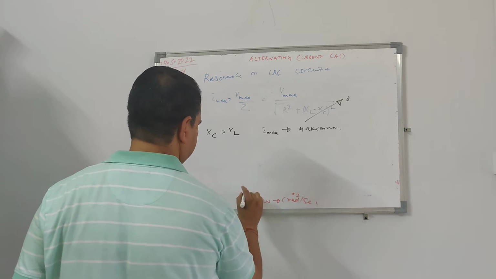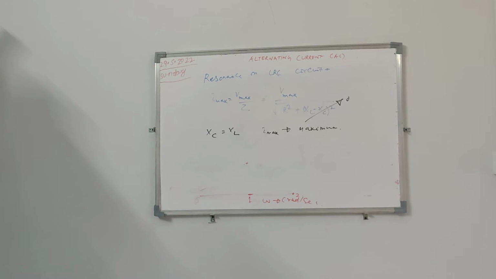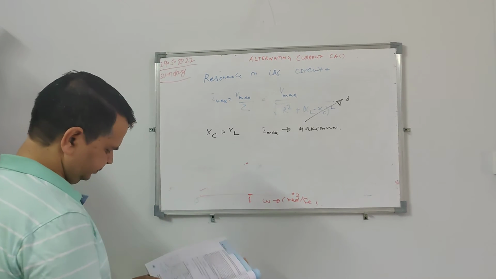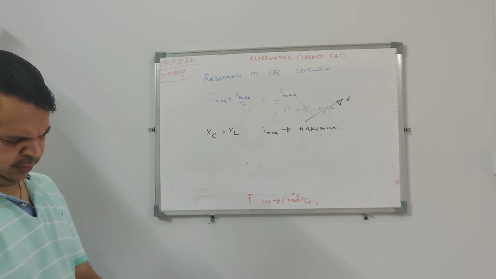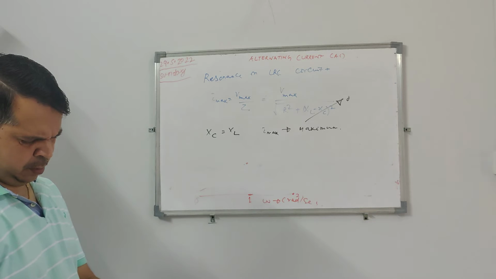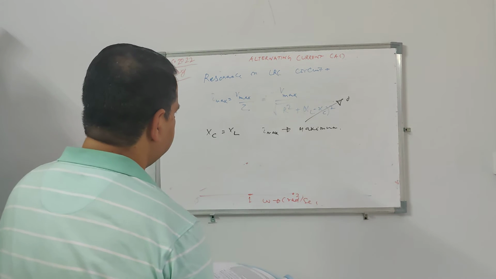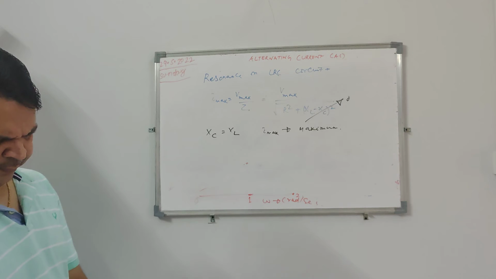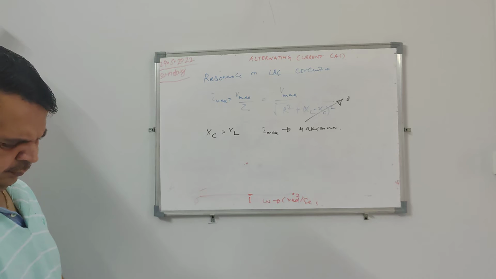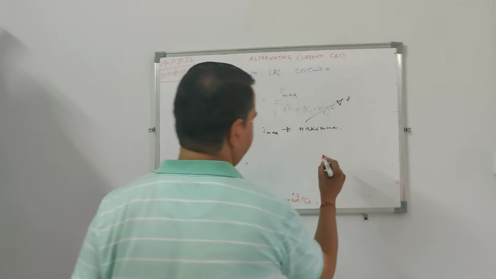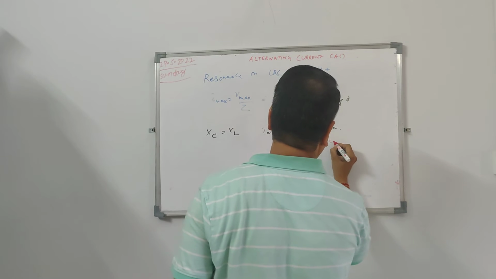So your omega, there is something called resonance, which happens when XL is equal to XC.